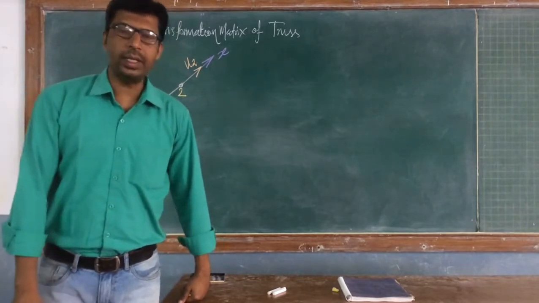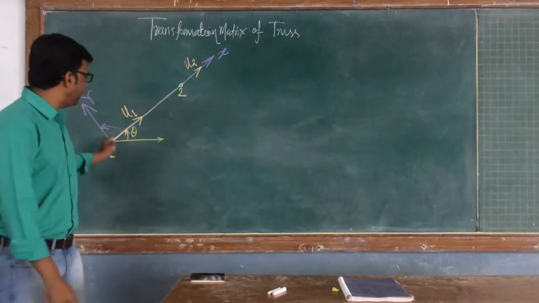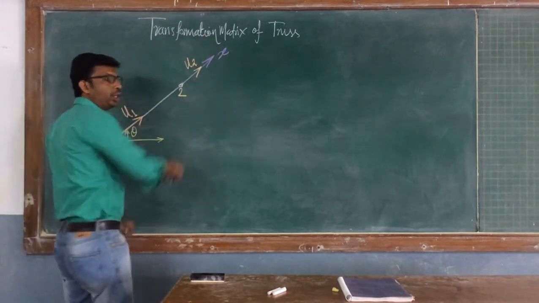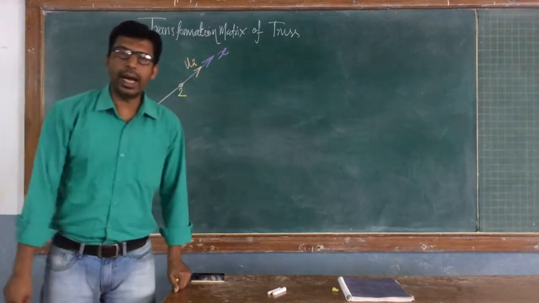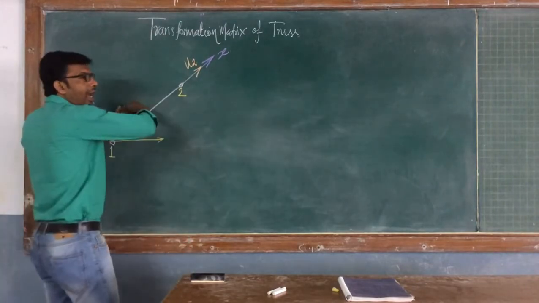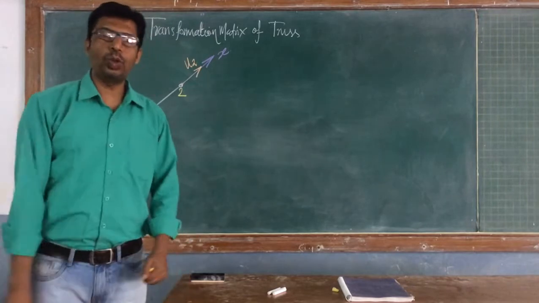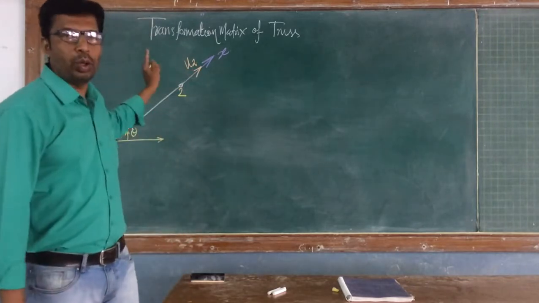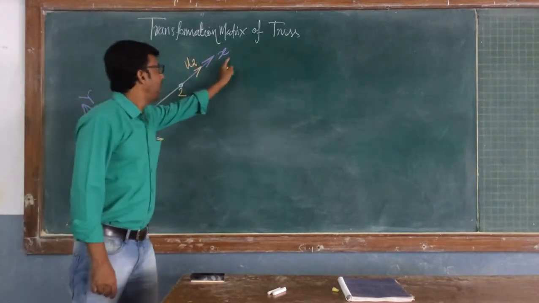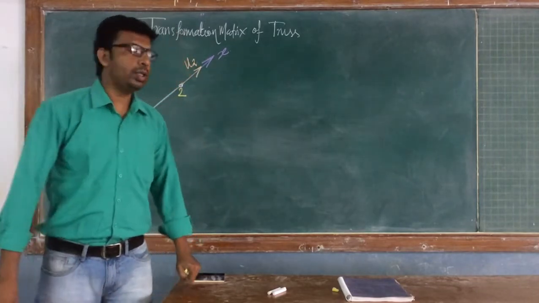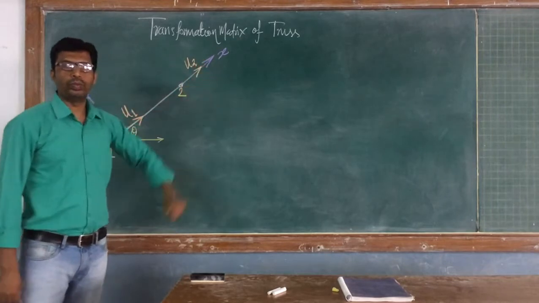Local unknowns means at each joint of the bar there is only one displacement, and that is axial displacement, assuming that the bar is subjected to axial forces only. So understand these 2 points now. First we have shown the local axis xy, then we have shown the local unknowns u1 and u2.